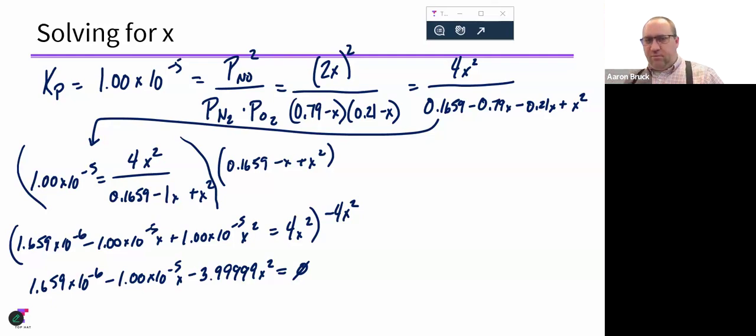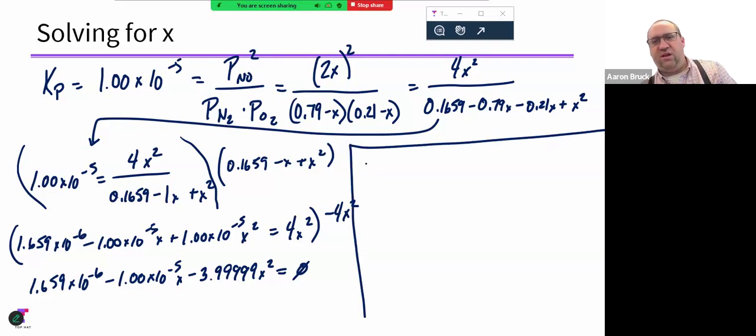Because if you have a graphing calculator, there's a good chance you have an equation solver on there. And if you don't, there are wonderful equation solvers on the internet that we can use just as easily. Now, let's say, for the sake of argument, you don't have access to either of those, then you're going to have to use the quadratic equation.